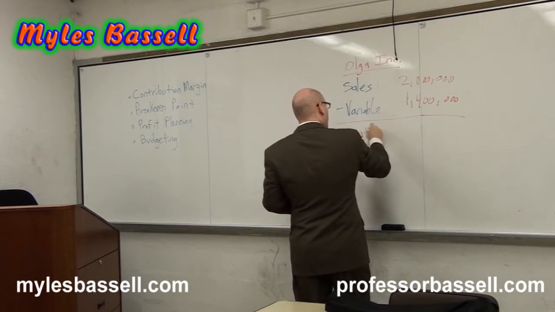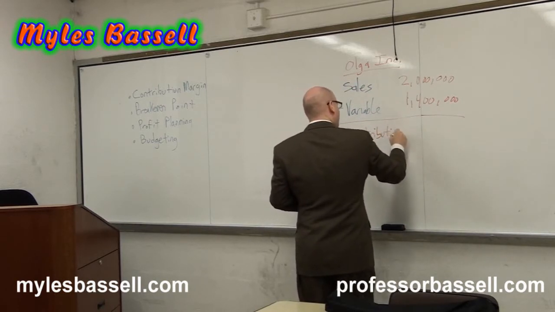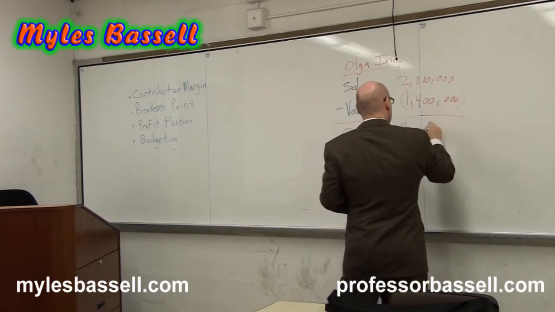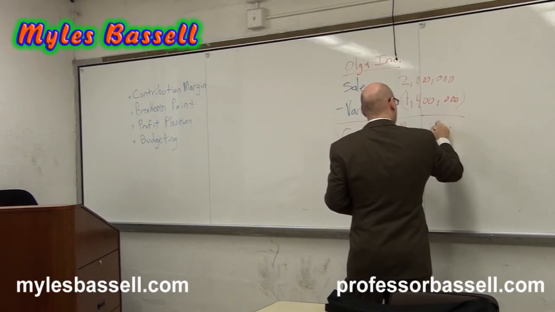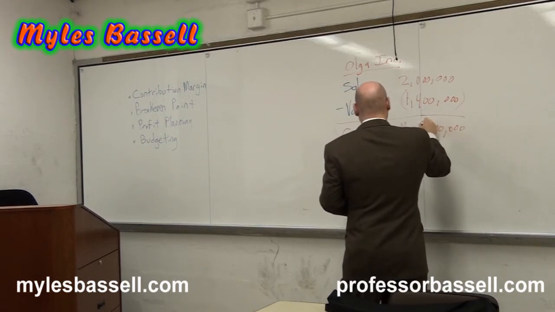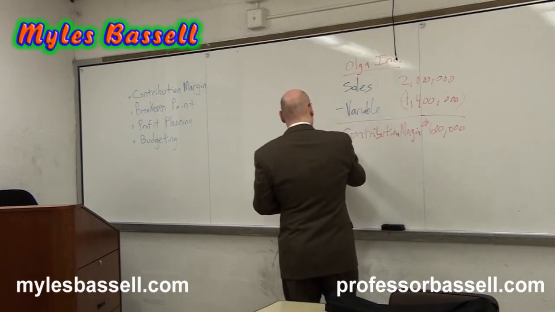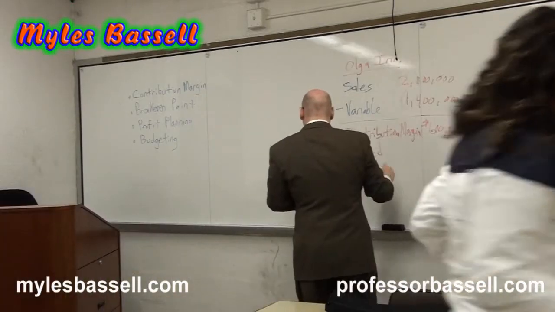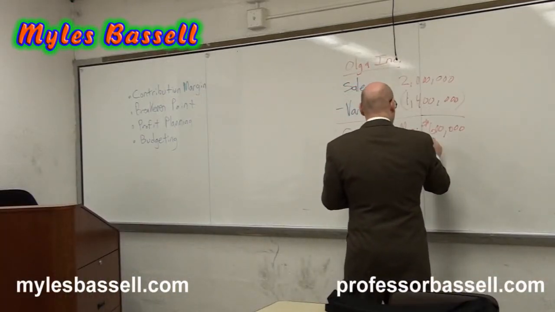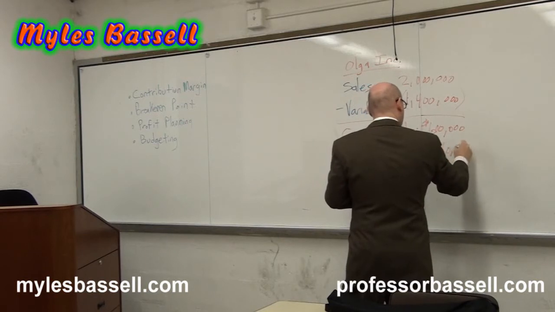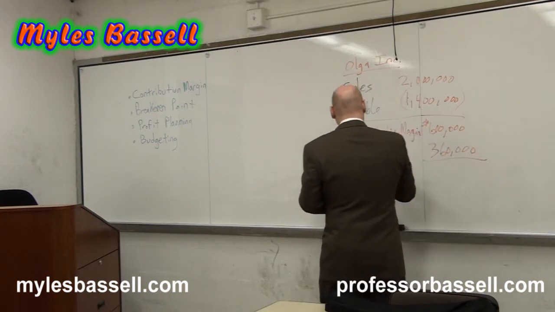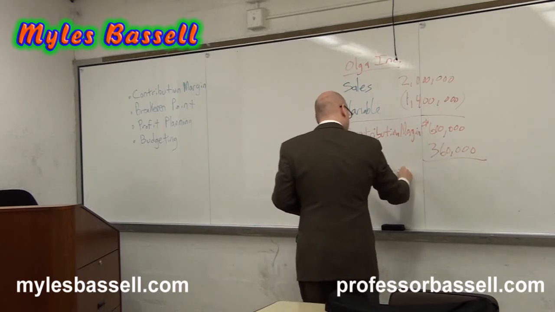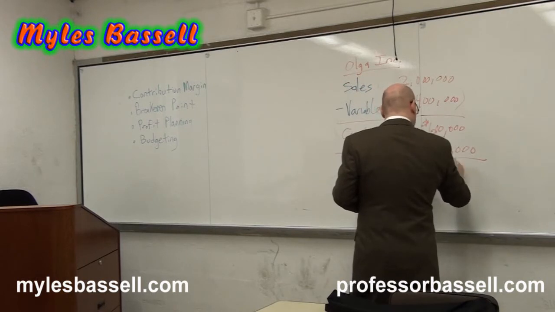And that gives us a contribution margin of 600,000, minus the fixed expenses, which in this case is 360,000, gives us net income of 240,000.